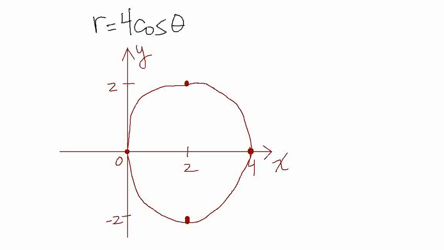Now, let me do one more example. By the way, you can also confirm various polar plots by using software, and I would highly recommend you find a program that can do polar plots and explore.